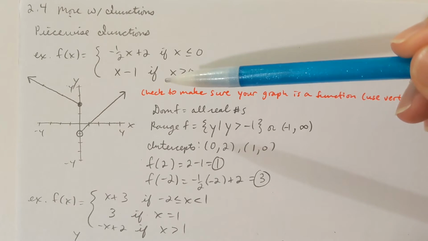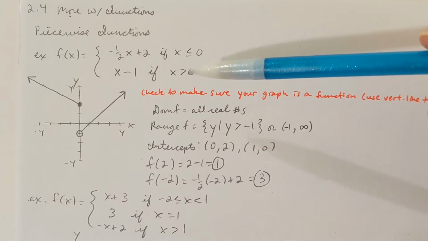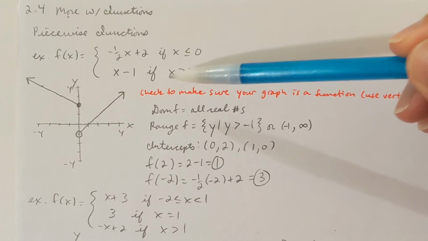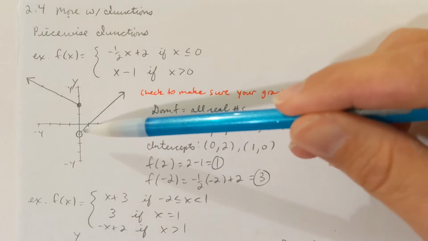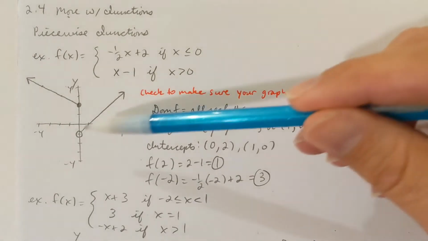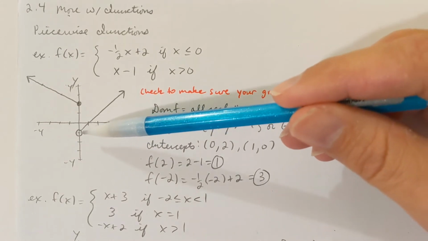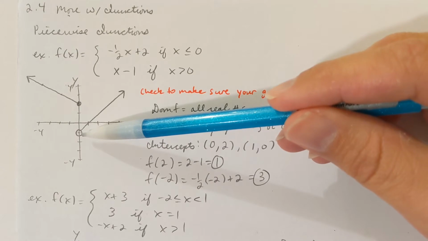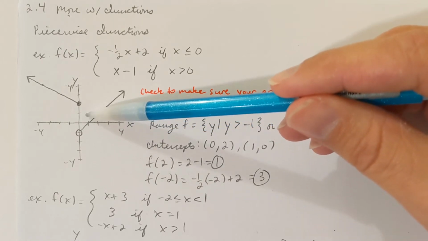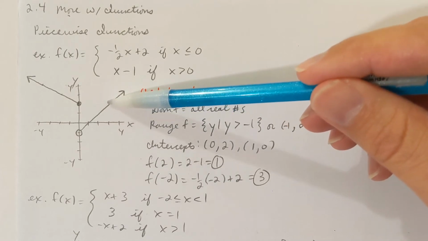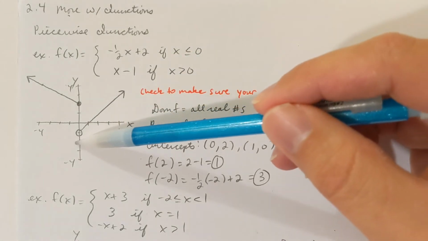The second piece, y equals x minus 1 if x is greater than 0. Okay, well, I begin by graphing y equals x minus 1, and that's right here. The y-intercept is at 0, negative 1, and I'm going to go up 1 and to the right 1, because I've got a slope of 1. Or I can go down 1 to the left 1.